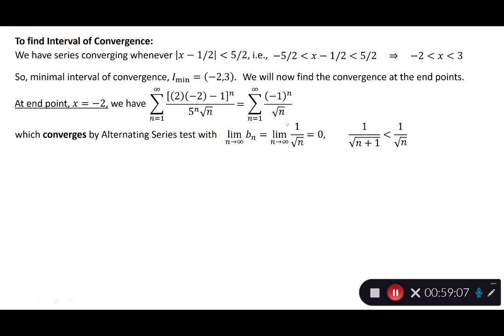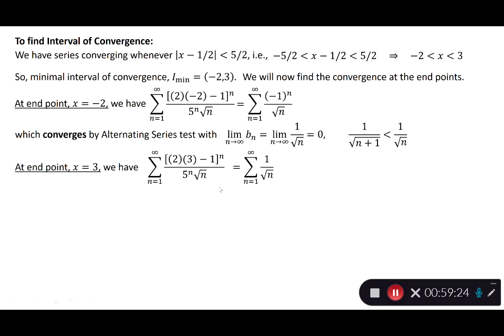Okay. Next, at x equals 3, 2 times 3 minus 1 is 6 minus 1 is 5. 5 to the n over 5 to the n, that just cancels, and we are just left with 1 over square root of n. Does this converge?